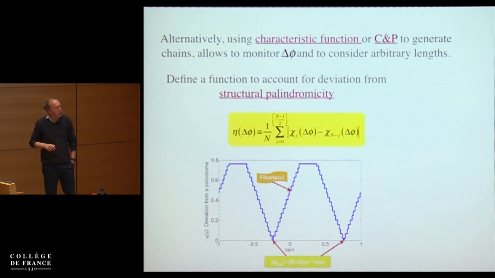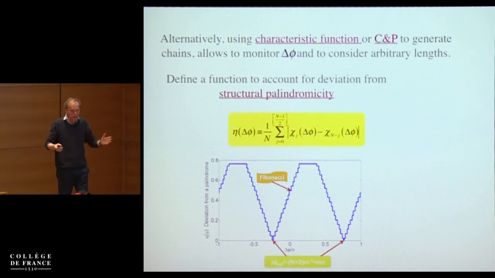You see that we have those steps, and there are two values at which we are palindromic. Those values depend on tau, which is the slope of the cut-and-project method, and the length n of the chain. But there are always two, no matter what.